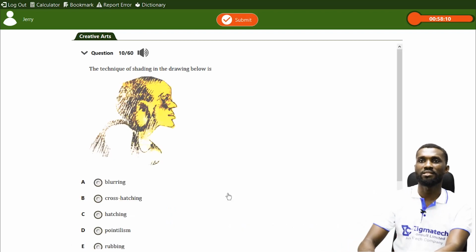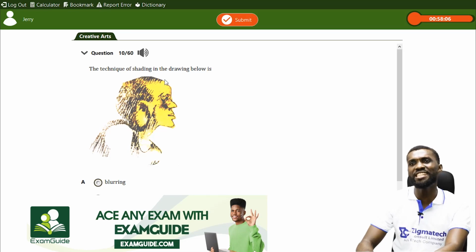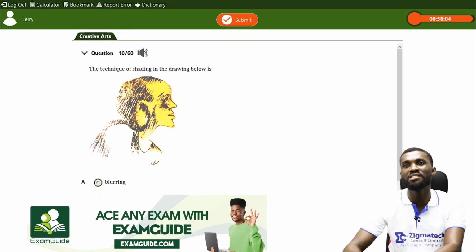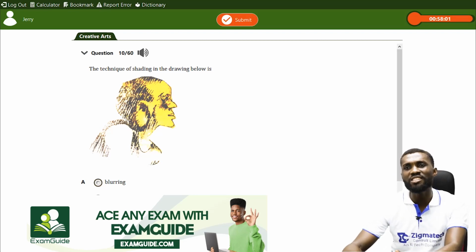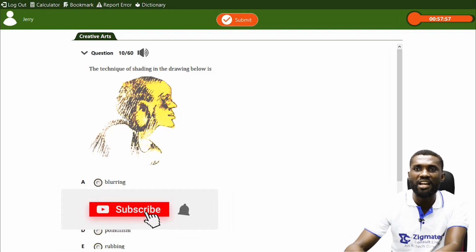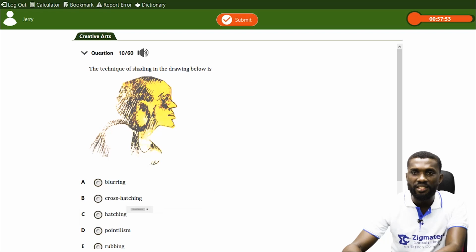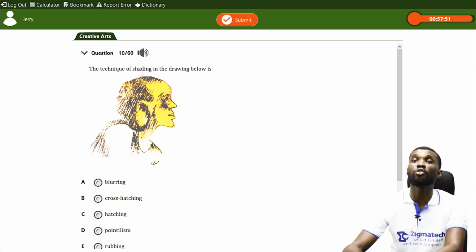All right, so let's take our final question. The technique of shading in the drawing below is dash. What do you think is the technique of shading in this drawing? Observe the drawing. Is it cross-hatching? Is it blurring? Is it hatching? Is it pointillism? Is it rubbing?